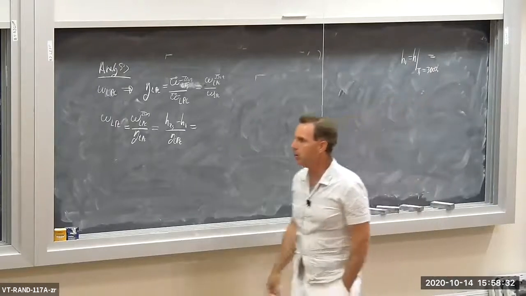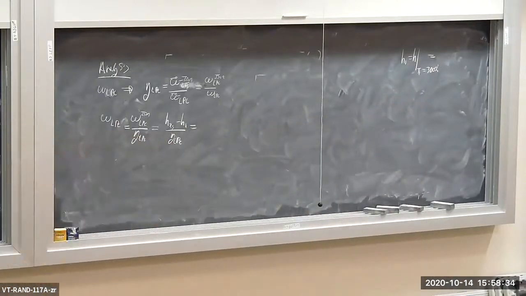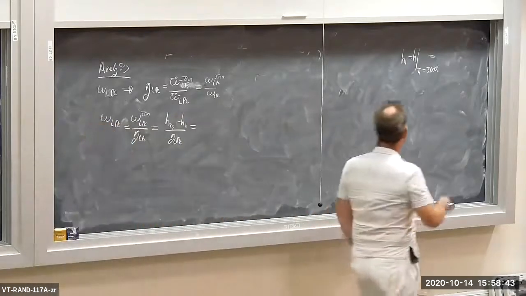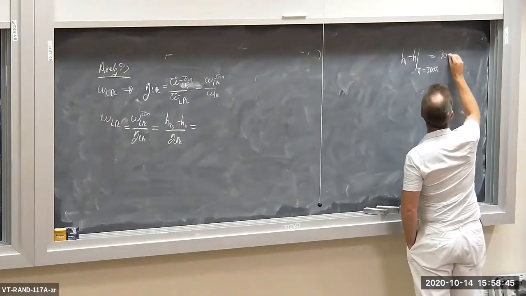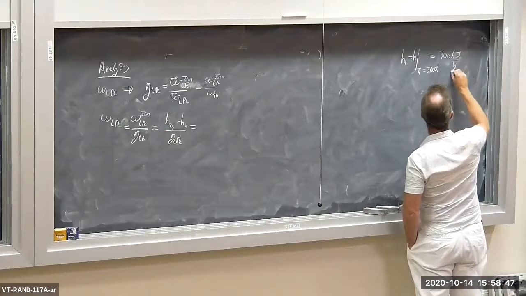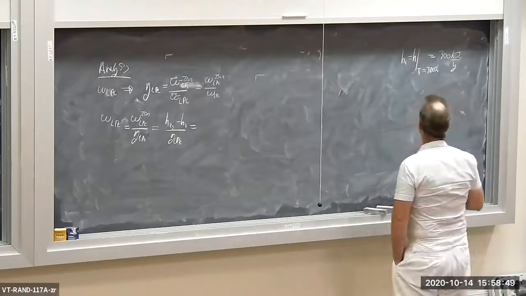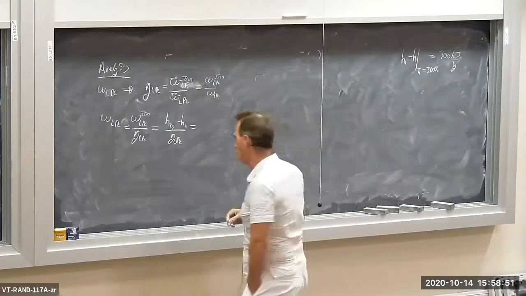Let's see here. Yes, 300 degrees Kelvin. So it's going to be about 300 kilojoules per kilogram.